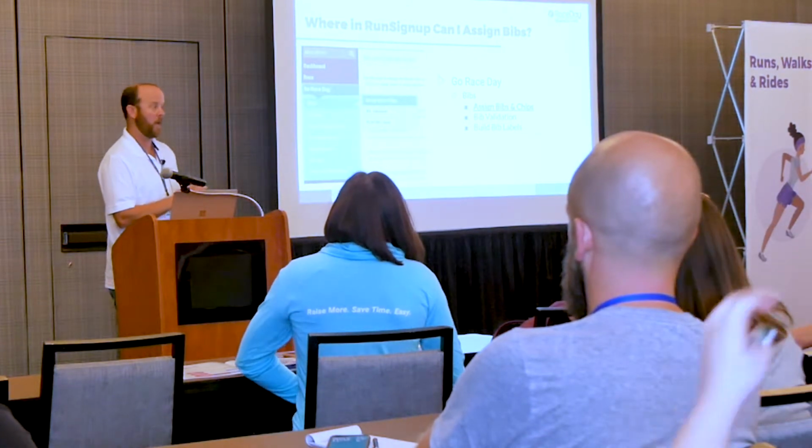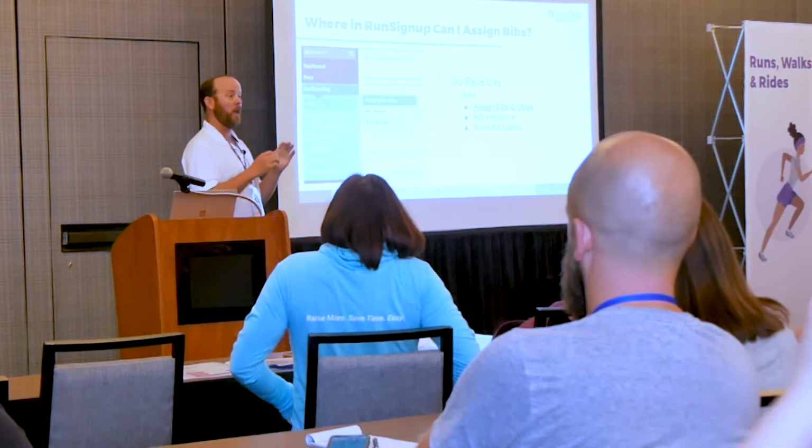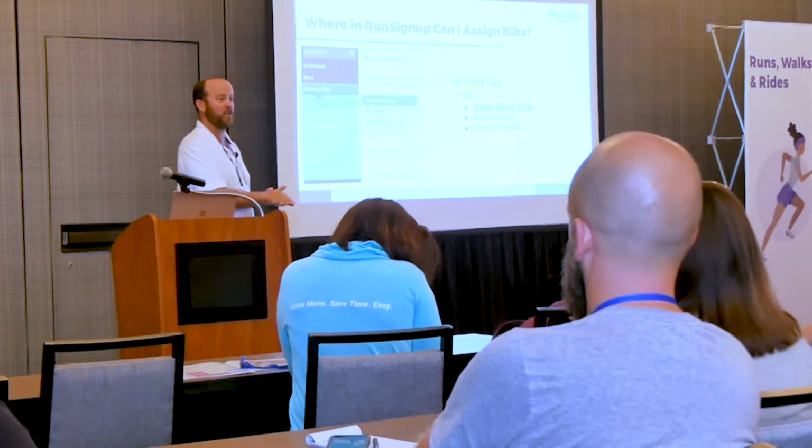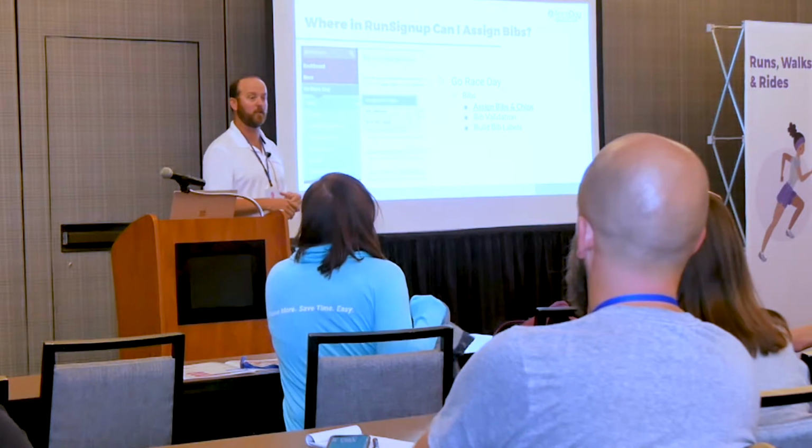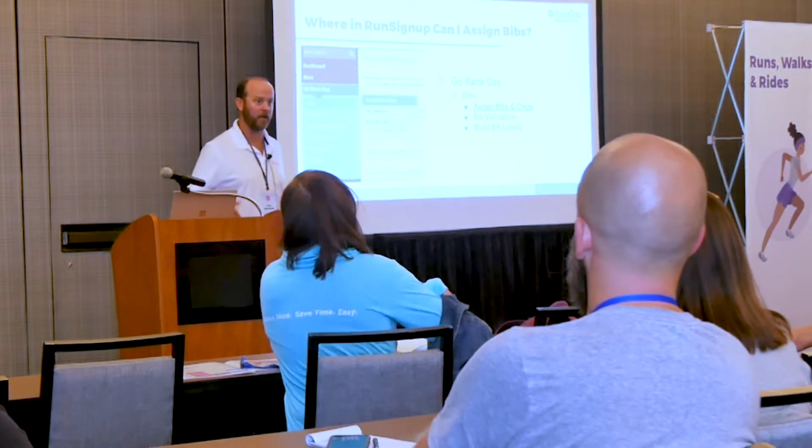So for Bib Validation, I usually tell people the only time you want to turn this on is if you ordered personalized bibs. And by personalized, I mean you put somebody's name printed on the tie back.